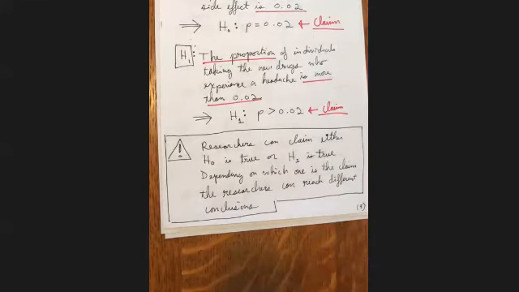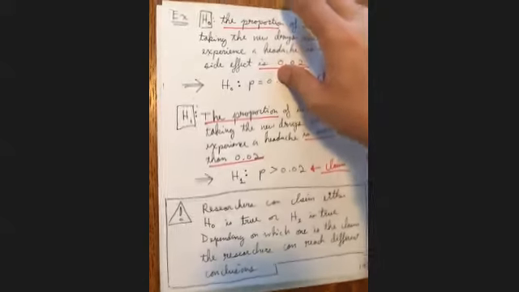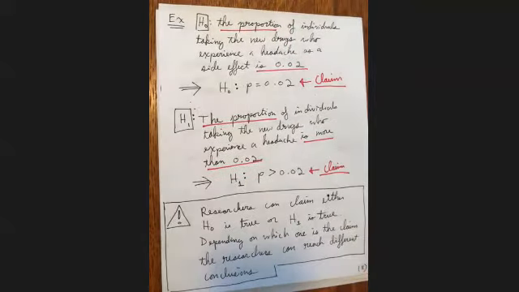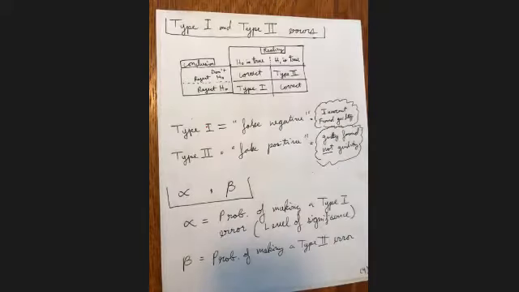Depending on which one is the claim for the researchers, they can reach different conclusions. We can claim H0 or H1, and depending on which we claim, we'll get different results. So there are two types of errors that we can make when reaching conclusions about claims that we've made.